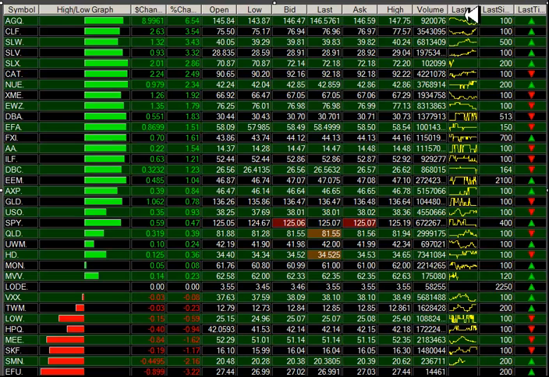Now this last trade cell right here is a little micro chart that's embedded in here, which shows something like the last 20 or 30 trades and a general trend, and that can be an indication of turning points, I suppose. The last size, the last trade, and then the last tick. I don't really use those last two columns that much, or the volume.